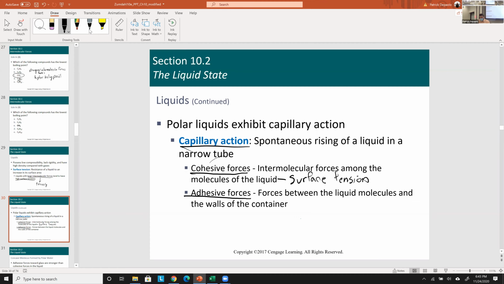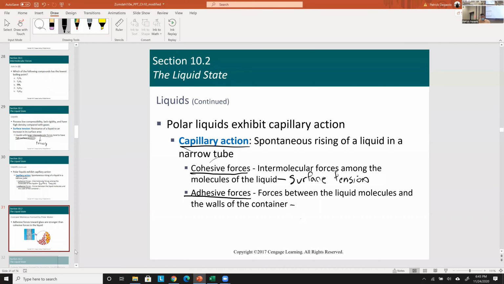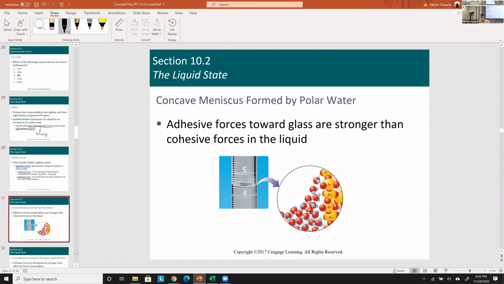Then the adhesive forces are between the liquid and the sides of the container. We can see that here, where the adhesive forces between the molecules and the glass are stronger than the cohesive forces between the molecules and each other. This is what makes the meniscus.